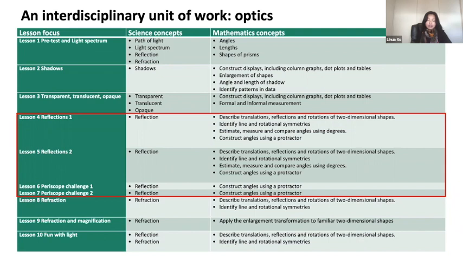So our presentation will focus on the preliminary analysis of the 4 lessons on light reflection, including a design challenge of a periscope. The science focus is on light reflection, where the math concepts include 2D and 3D shapes, and also the most important part, the concept of angle.